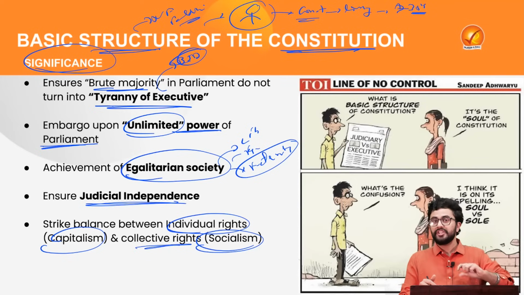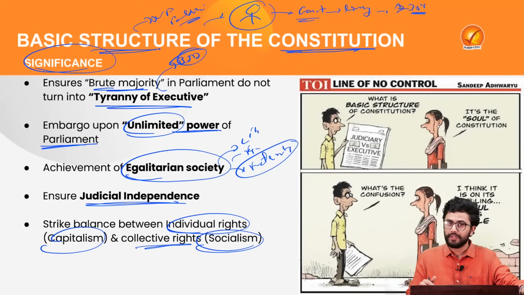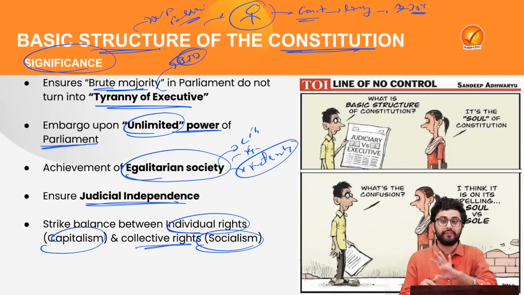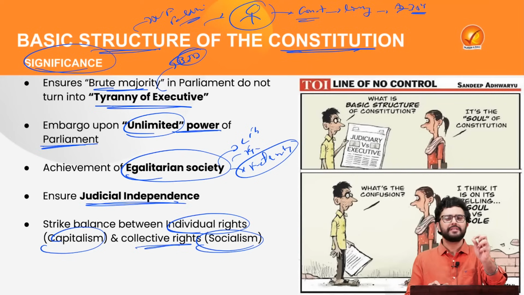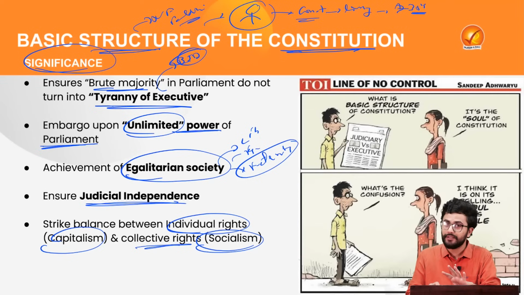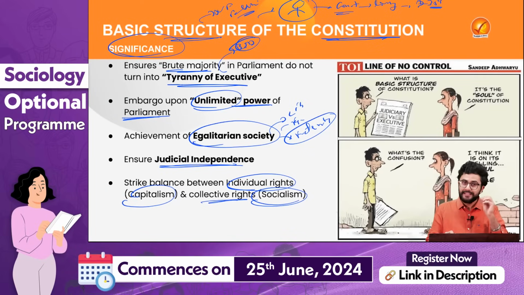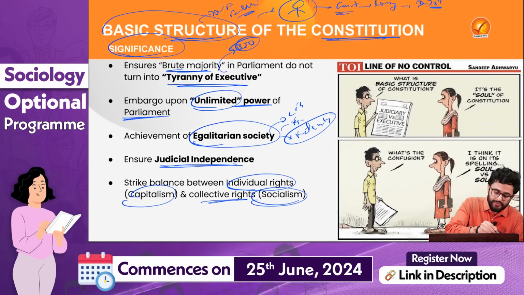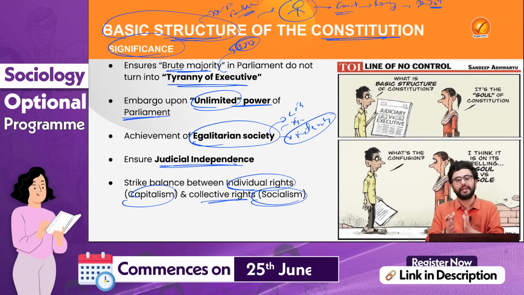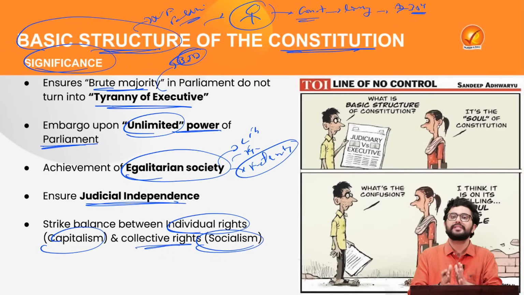Thus, if there are some changes happening in the society, the constitution will reflect them by doing amendments. At the same time, there are certain basic needs of our body, such as air, food, oxygen, water. Similarly, there is a basic structure which ensures that the idea of India keeps alive, and the judiciary plays a very important role in that.